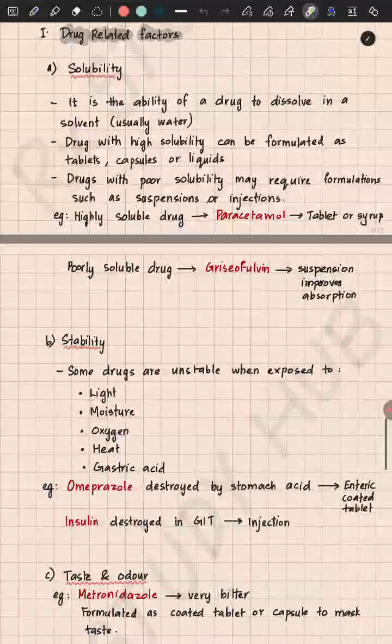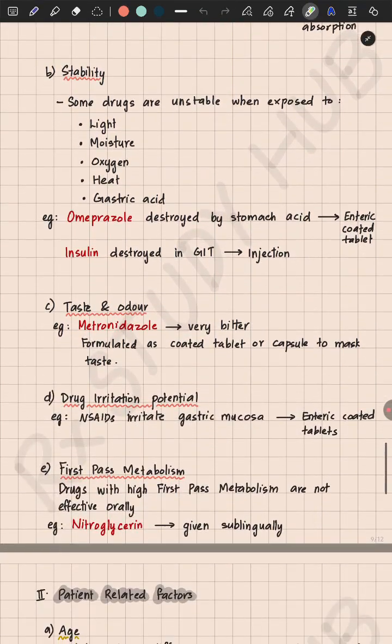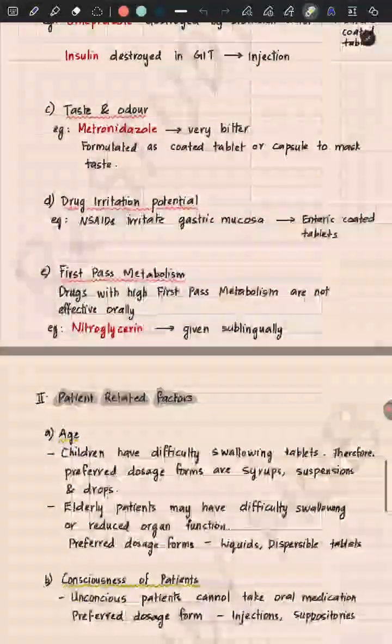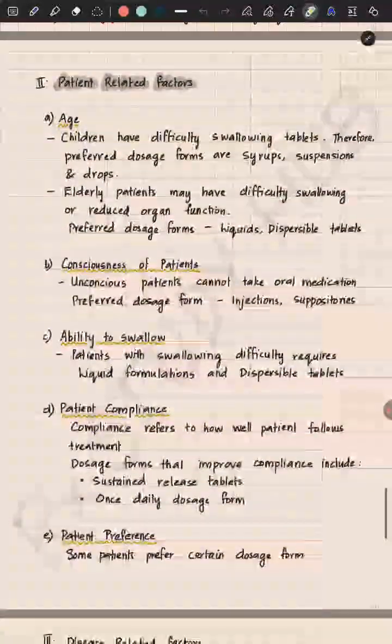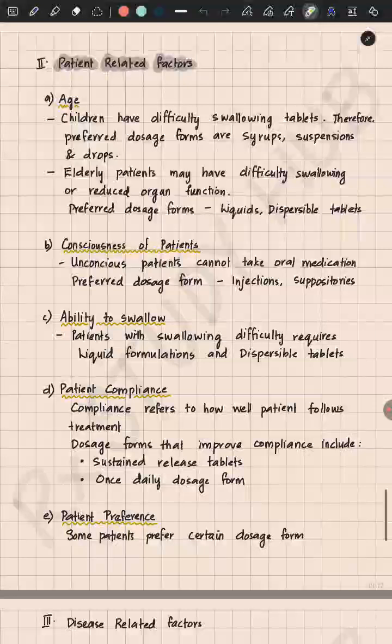For example, if a drug is poorly soluble, special formulations may be needed to enhance its absorption. From the patient side, age is a key factor. Children and elderly patients may have difficulty swallowing tablets, so liquid forms are often preferred.